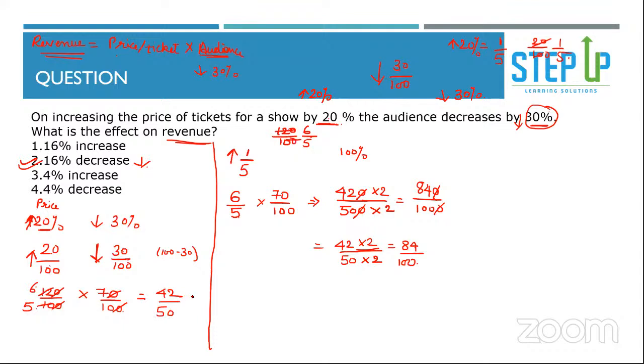Directly you multiply it by 100. All right, 42 by 50. But what I do for comparison, I multiply by 2 in numerator and denominator. I'll get 100 here, I'll get 84 here. So my 100 became 84. It means that 16% decrease.